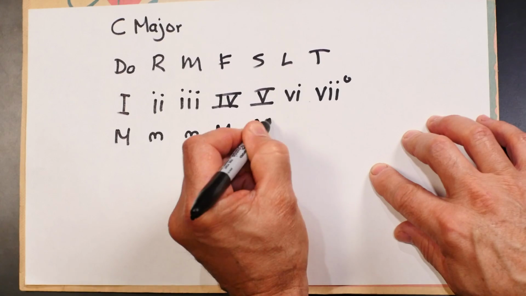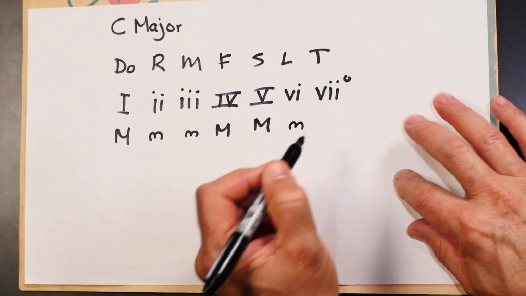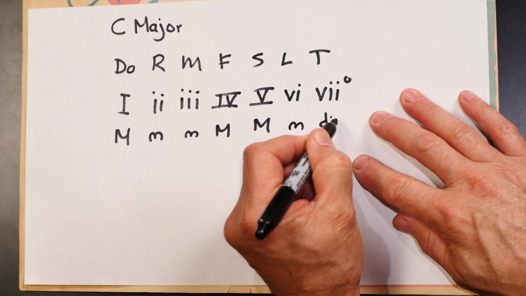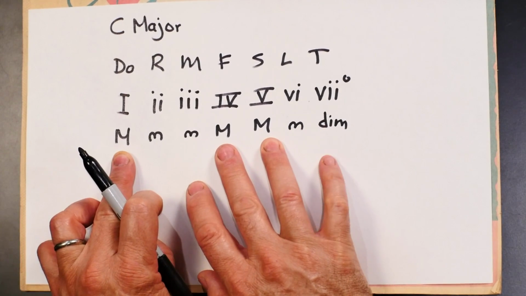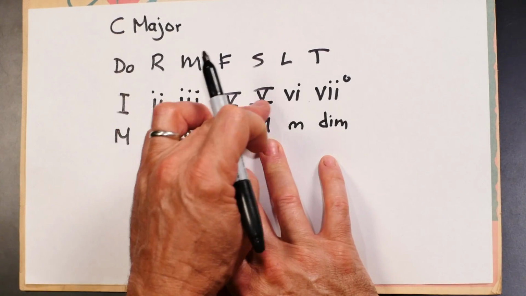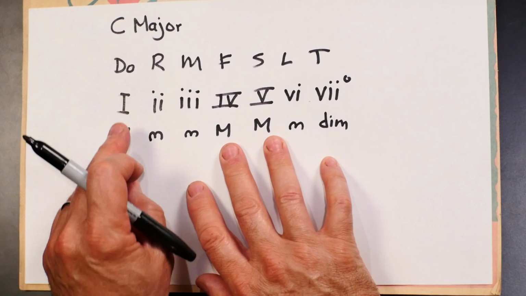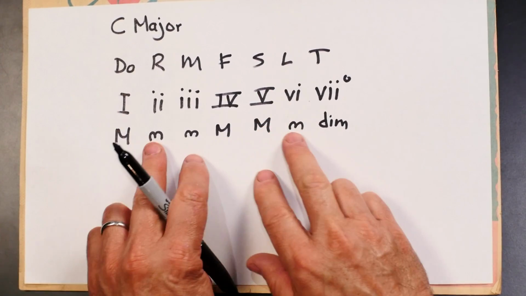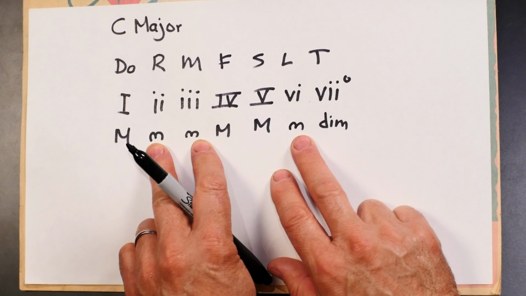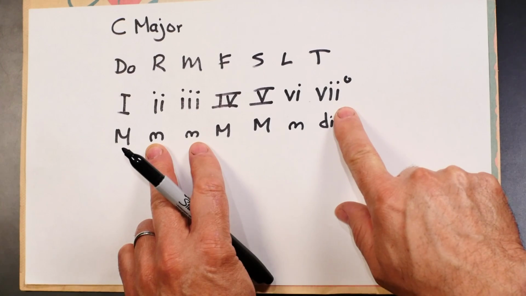In the C major key and scale, we end up with 3 major chords, which of course are the 1 chord, the 4 chord, and the 5 chord. That's our very major sound, pure majors. And then we end up with 3 minor chords, the 2, the 3, and the 6. We end up with 1 diminished chord, and that is our 7.